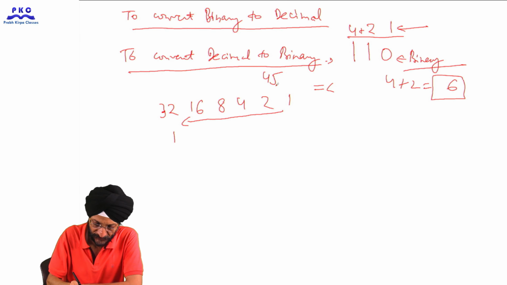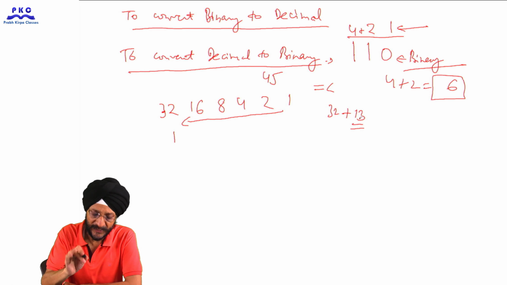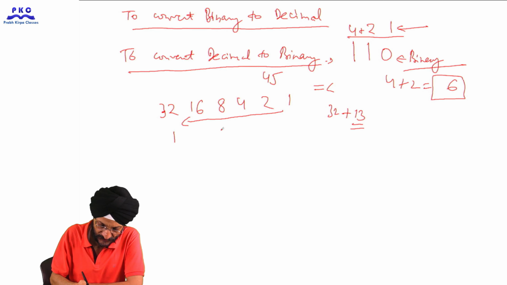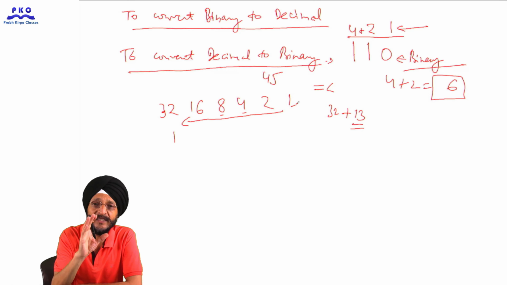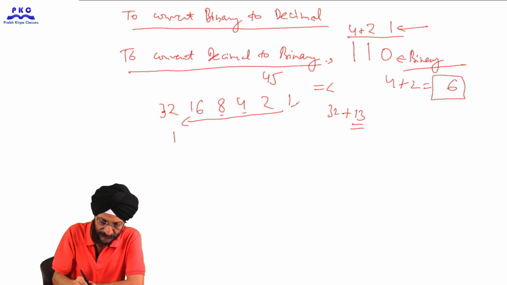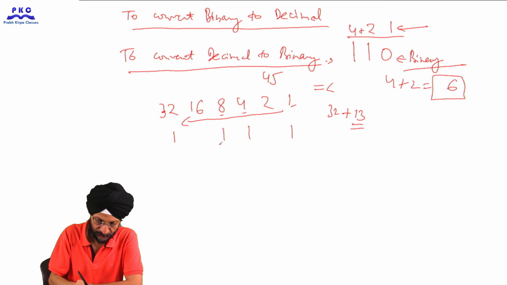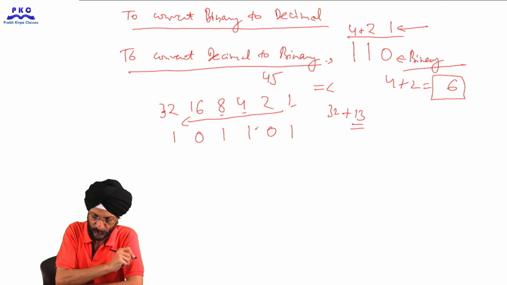If we deduct 32 from 45, the balance is 13. How can we get 13 from these numbers? We can get 13 by adding 8 plus 4 plus 1. So all the numbers which we take into consideration will have 1 mentioned below them. Other numbers will have 0.